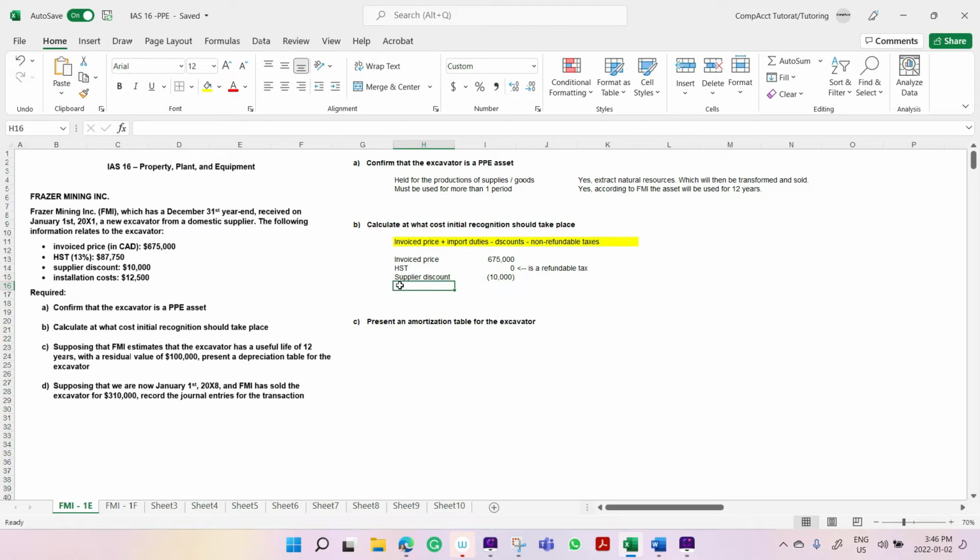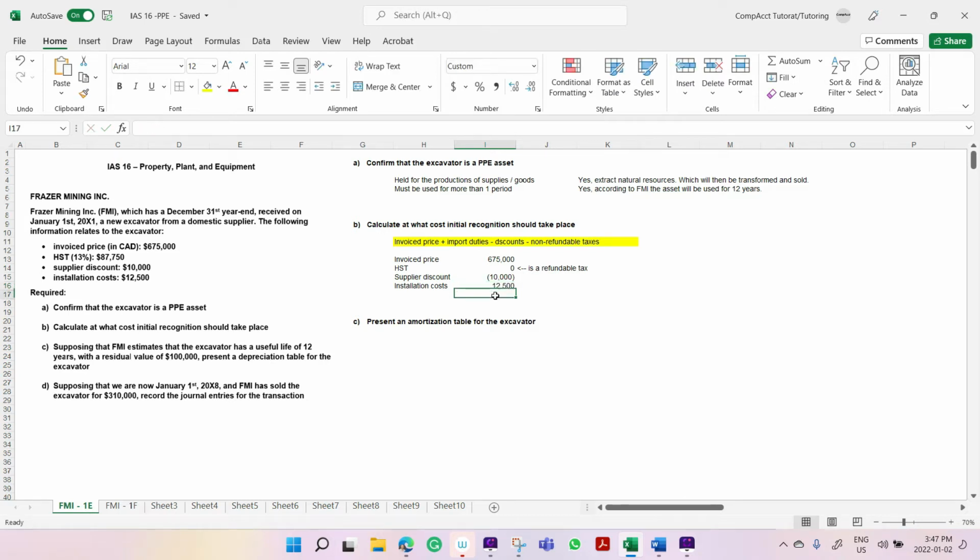And then lastly, we got the installation cost, which is 12,500, and those are being added. Okay? Any directly related costs are being added. So we got 12,500 to be added.